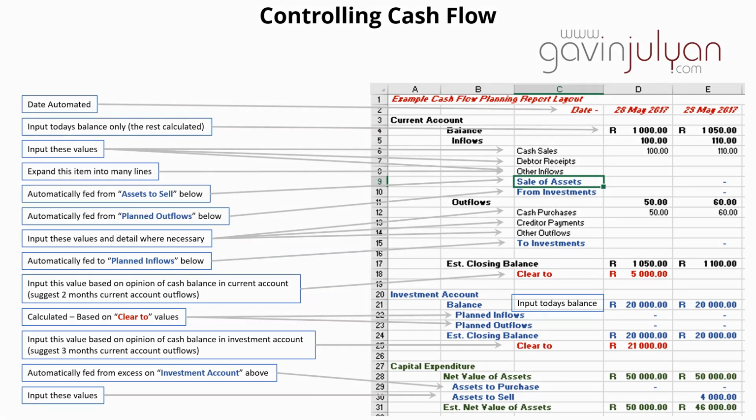When you run out of money on your current account, where are you going to get money from to just back you up for a short period of time? And the answer is in your savings or in your call account or investment accounts. And then once you've got extra money lying around, what are you going to do with it? And the answer to me is you've got to grow your business.